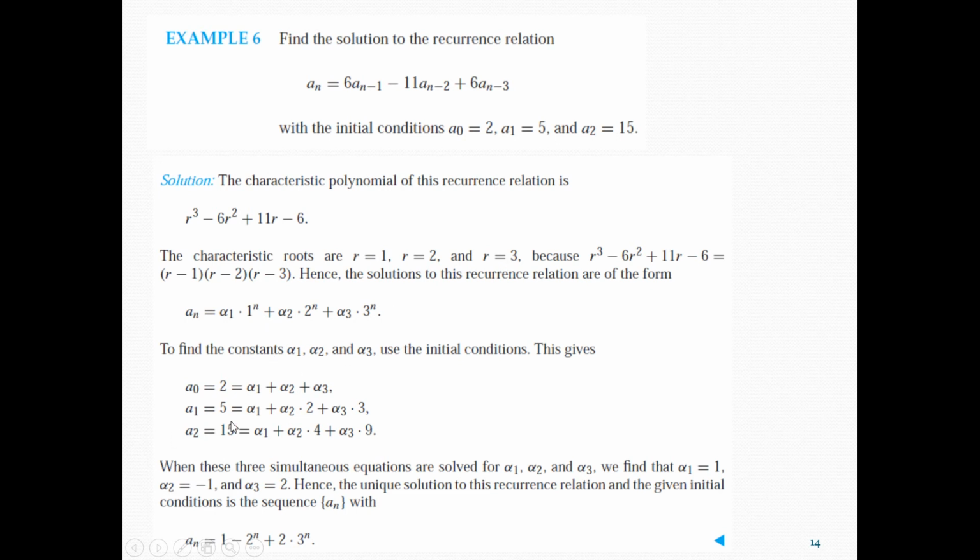Now in order to find the values of alpha_1, alpha_2, alpha_3 we'll use these three conditions and solve these equations simultaneously. We'll have alpha_1 = 1, alpha_2 = -1, alpha_3 = 2, and finally the solution will become a_n = 1 - 2^n + 2 * 3^n.